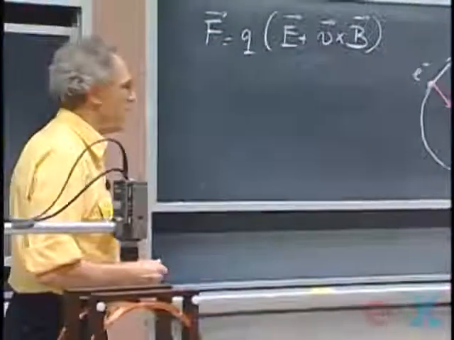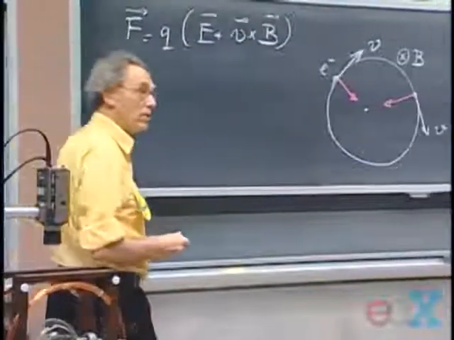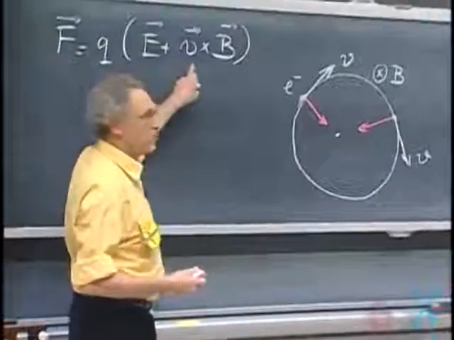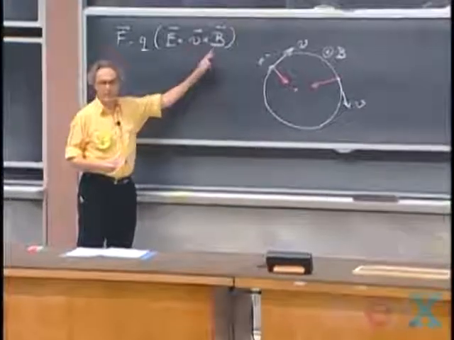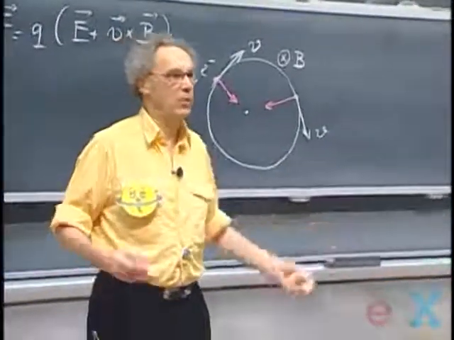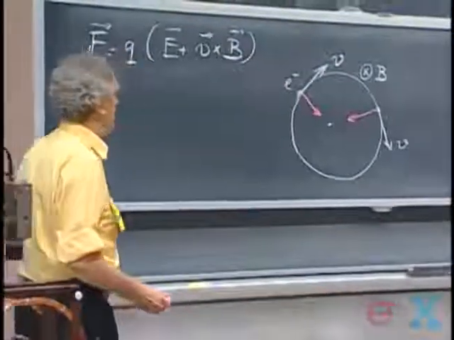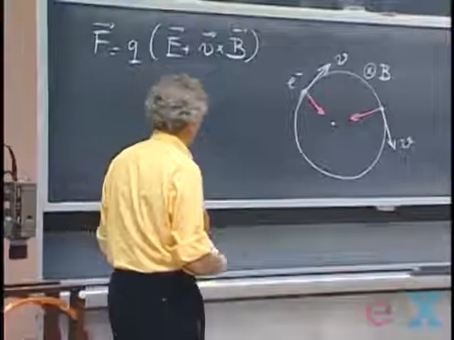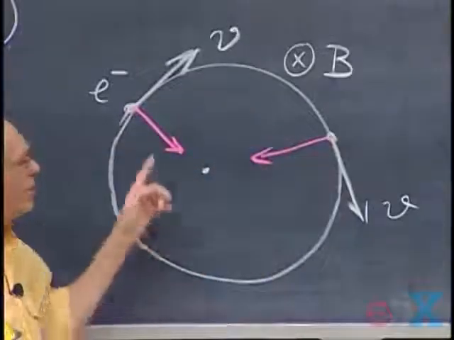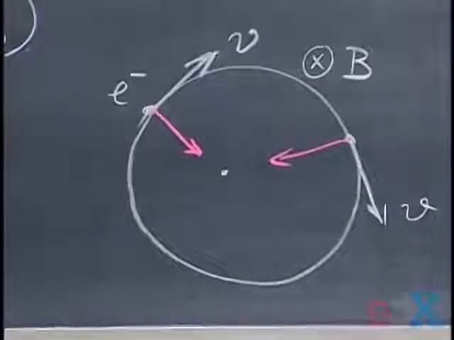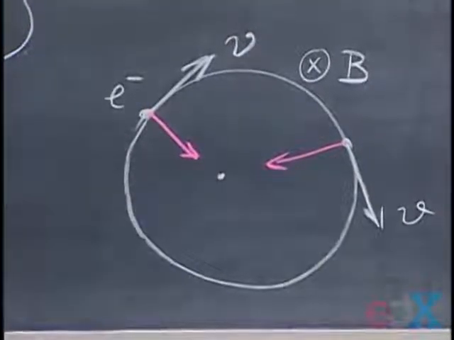The force cannot do any work, cannot change the kinetic energy, because F is always perpendicular to the plane through V and B, because it's a cross product. And since the force is always perpendicular to the velocity, you're never doing any work. The only thing that the force is doing is make it go around. It changes the direction of the velocity, it doesn't change the magnitude of the velocity. It doesn't change the speed.